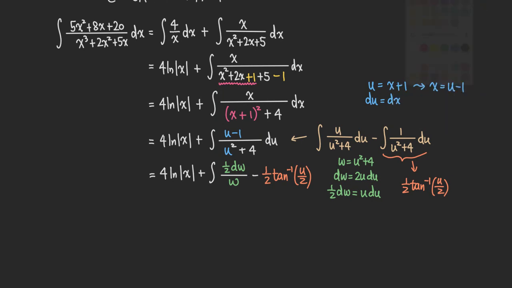Okay. This one is actually really easy to integrate. So we are going to just integrate that immediately. So we are going to be getting 4 ln of absolute value of x plus 1/2 ln of w, okay?